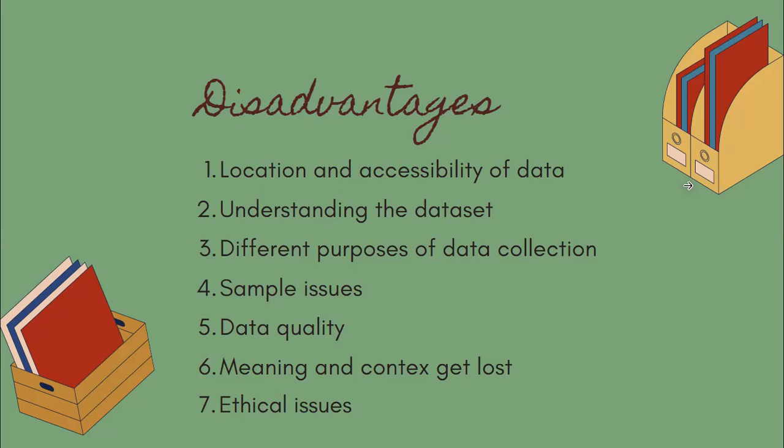But every researcher does it in a different way, so it might be difficult to understand. Then we have number 3, different purposes of data collection. For example, you have a purpose with your research and the secondary data might be different, so it's difficult to match them.